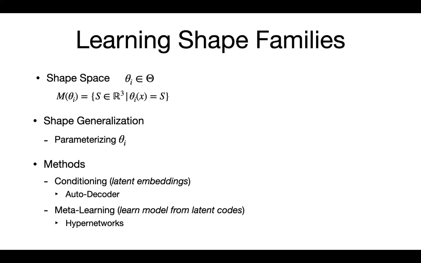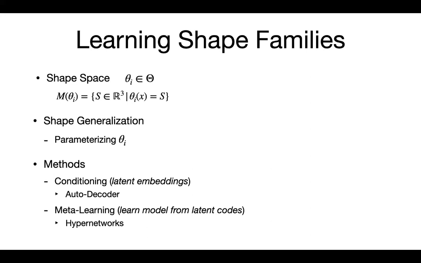But there are others that use meta-learning, that use hypernetworks. The difference is that conditional learning learns the latent embeddings directly, while meta-learning learns the models for latent codes in a meta-learning fashion.